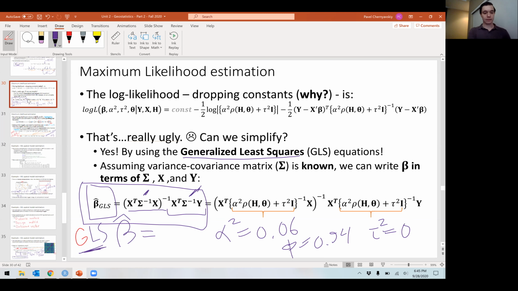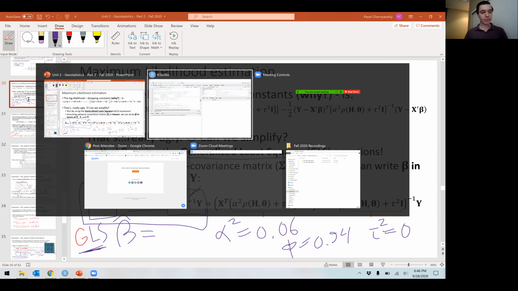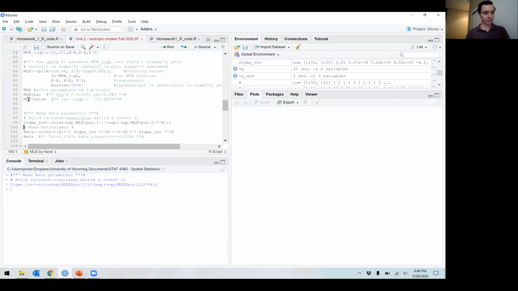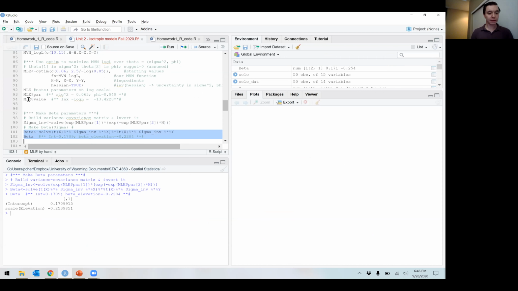So I can just build my betas back up. And here they are. Not surprising, the coefficient of scaled elevation is a negative number, because as we increase elevation, temperature tends to decrease.